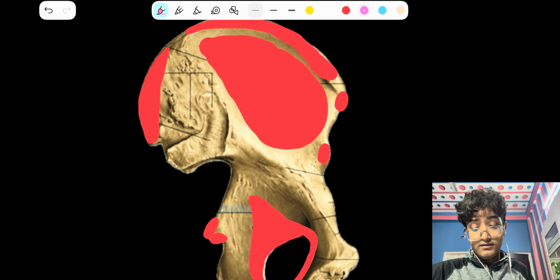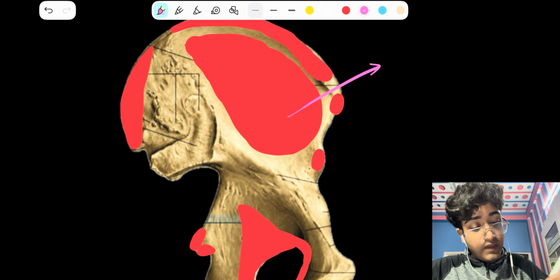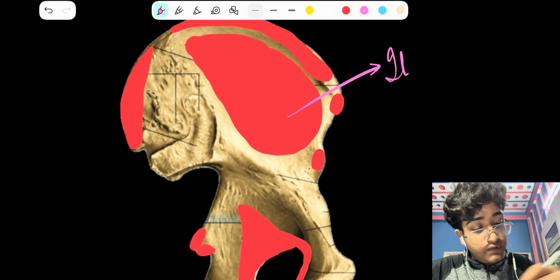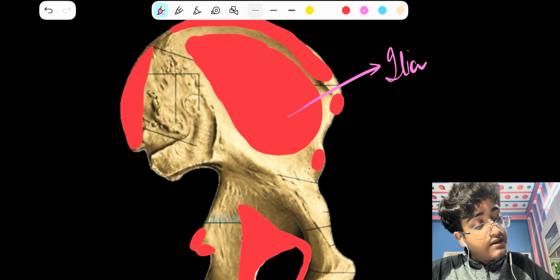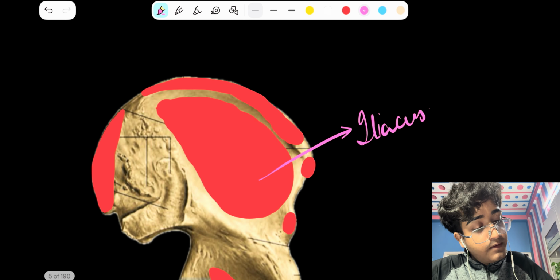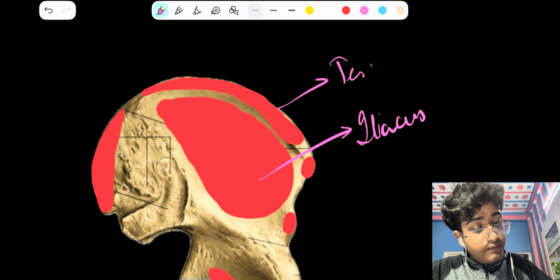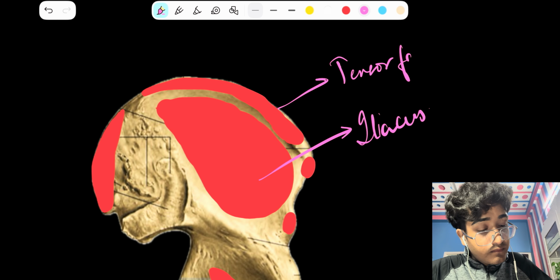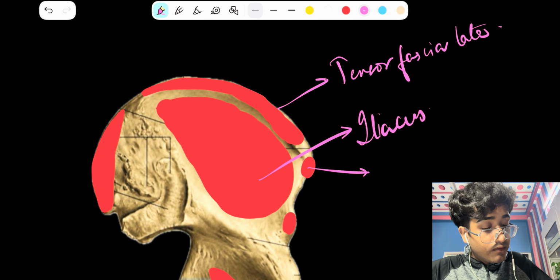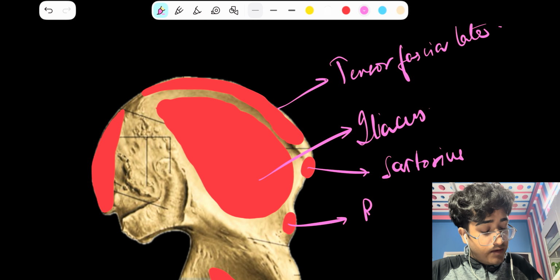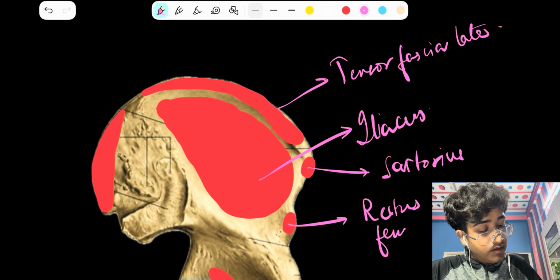Now let's check the inner aspect. Inner aspect, we term this fossa as the iliac fossa, so it gives the attachment to the iliacus muscle. This was what? Tensor fasciae lata. Sartorius, anterior superior iliac spine, anterior inferior iliac spine, rectus femoris.